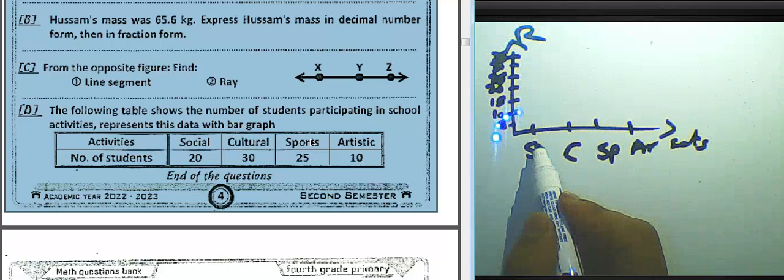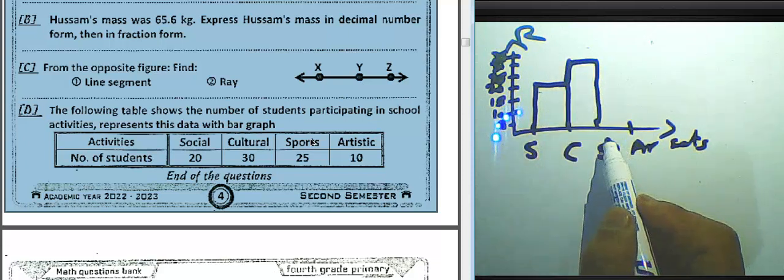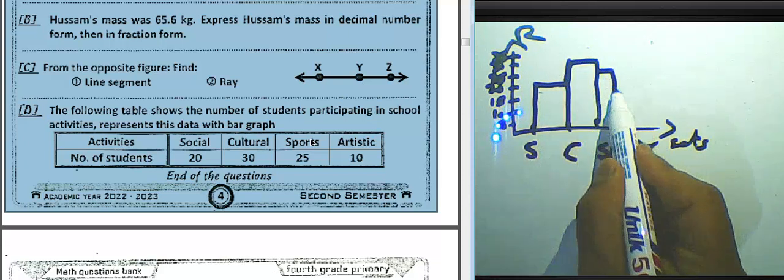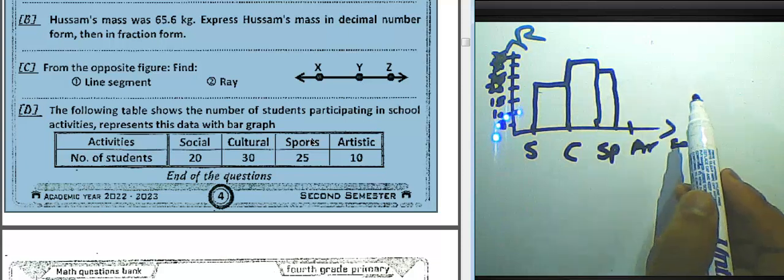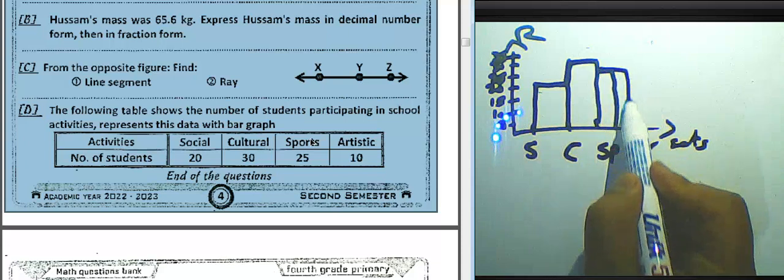Then draw the first, social, to 20, drawing the bar here to 20, and culture 30, and then 25 here, and art will be 10.